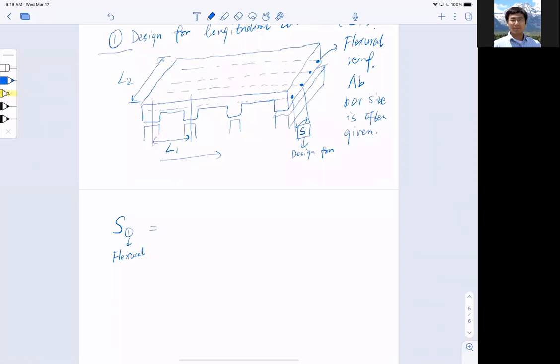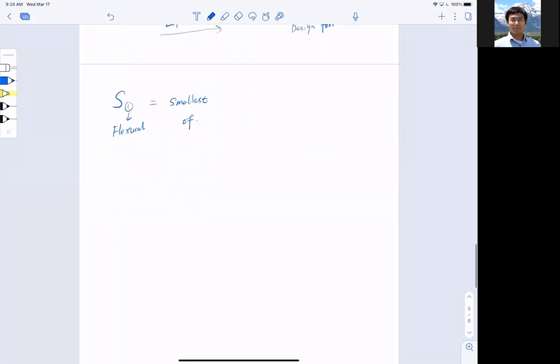So it means it is the smallest of the following. First of all, the first equation: AB, the single bar area, multiplied by 12, and this 12 is the conversion factor, 12 inch per foot, divided by the required AS per foot.